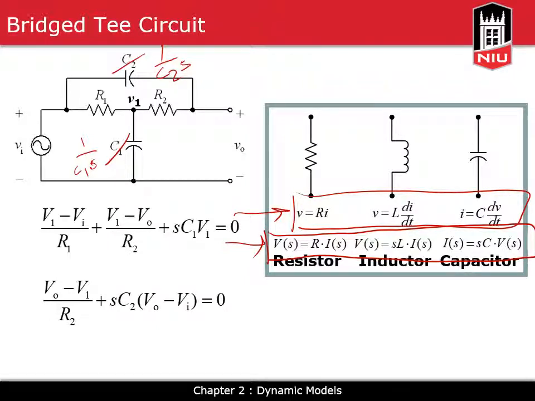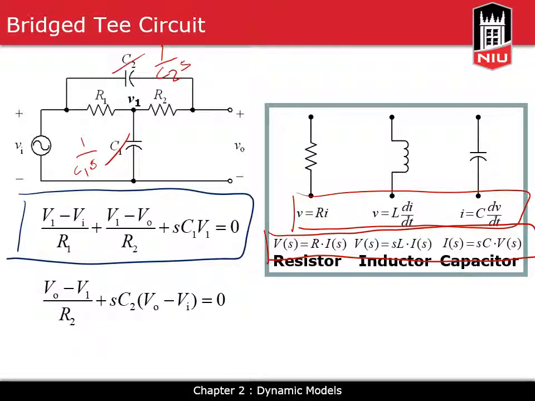So now we would treat everything as resistors, or basically impedances. We can write two KCL equations. We will get these two equations if we apply two KCL equations. The first one is applied here in this node.